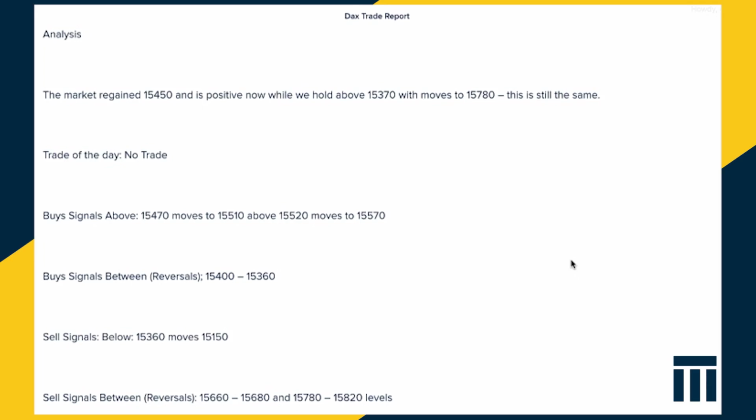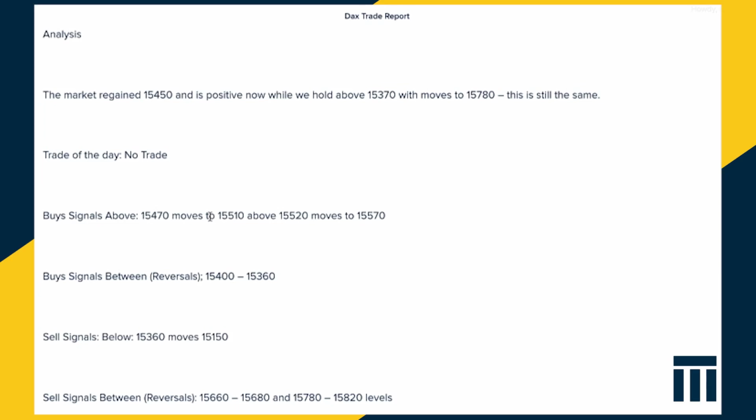I want to focus today on the buy signals here and the buy signals between levels as well. So what I'm saying here is we want to be looking to buy the market above 15,470 for moves to 15,510, and above 15,520 we're going to move to 15,570.